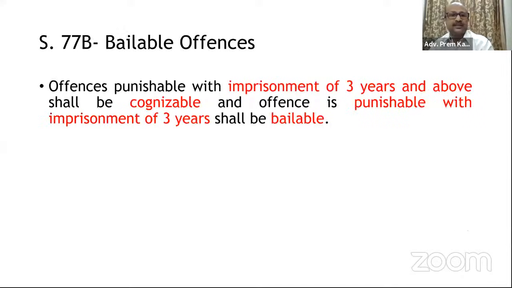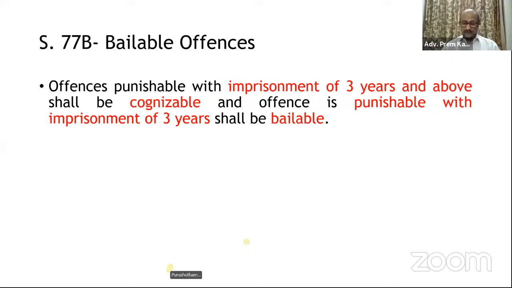Now 77B is with regard to punishment of bailable offences. Incidentally, just to give a fleeting look at it, most of the offences in the chapter are bailable. Offences that are non-bailable are 67A, 67B, 68.